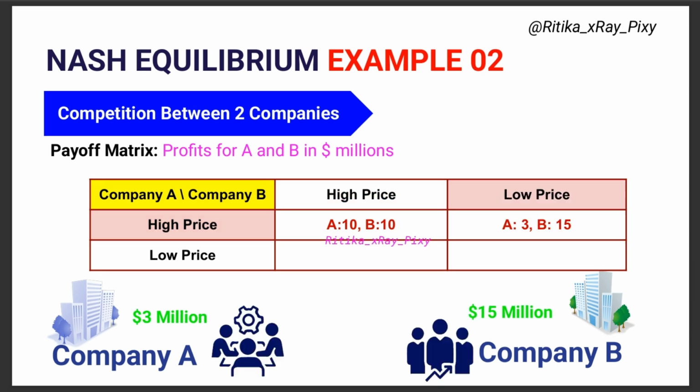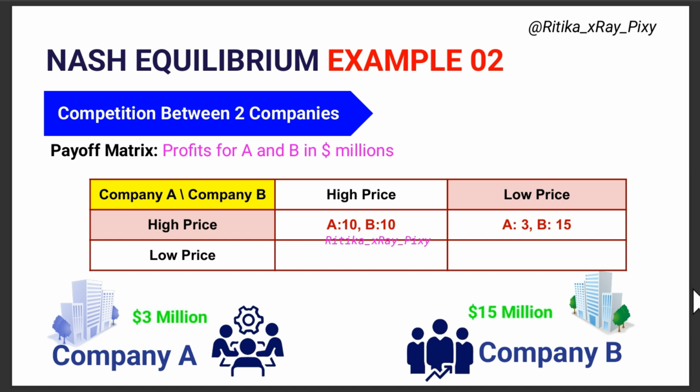Second case, if one company sets high price and the other sets low price, then the company with low price attracts more customers and makes $15 million, while the high price company loses customers and makes only $3 million. Here company A sets high price, so it makes only $3 million, and company B is at low price, so it is making $15 million.